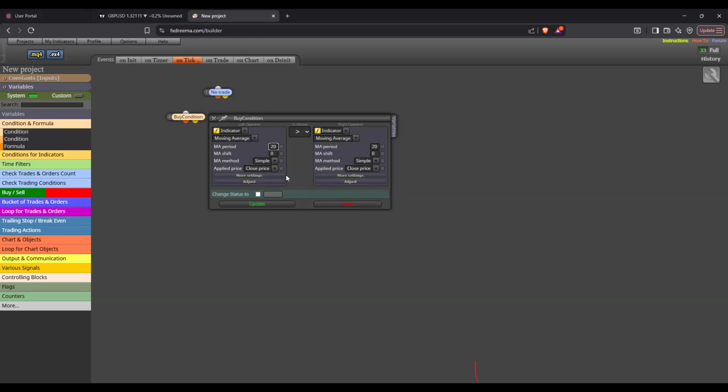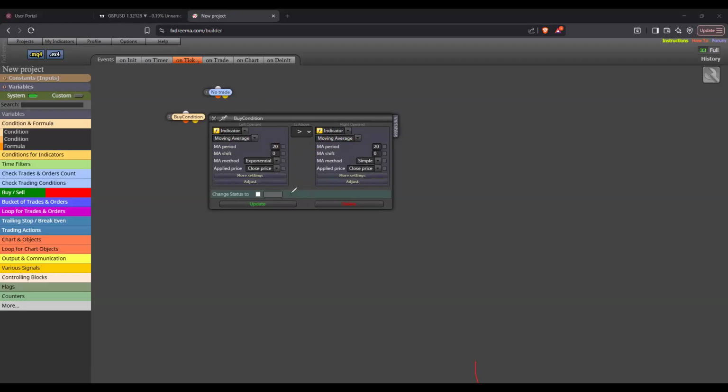So 20, right? So the 20 period moving average, what type of moving average is it? Exponential, right? Now, I don't know if you can see it, hopefully you're looking at this from your laptop. There's a small checkbox close to all of these things here, right? That checkbox is there if we want that parameter to be editable after we're done building the code.